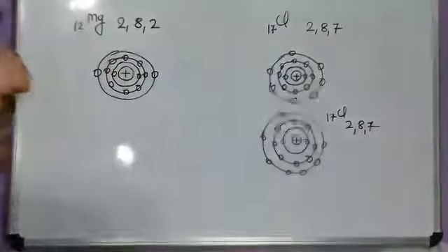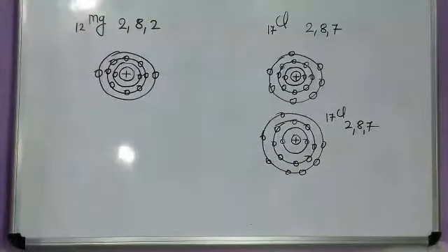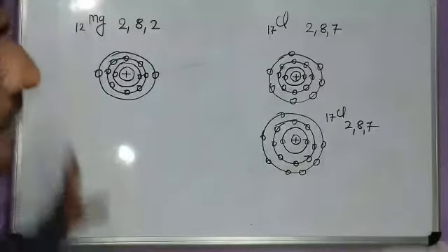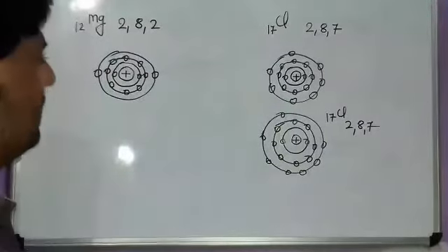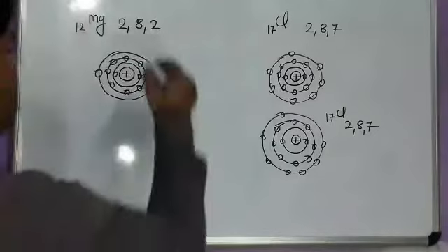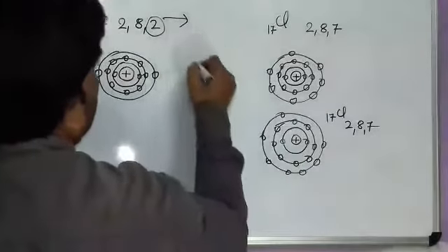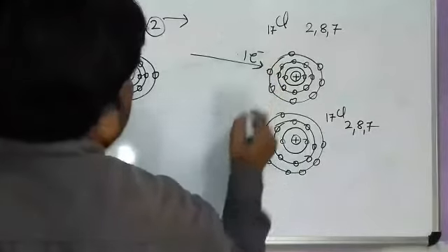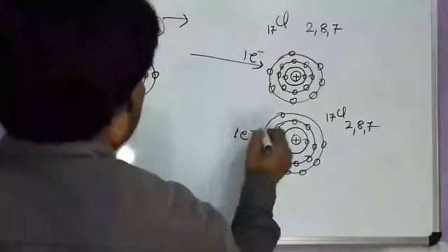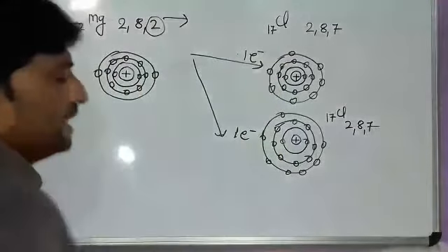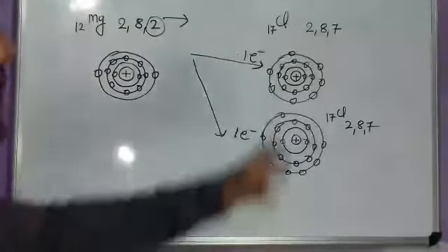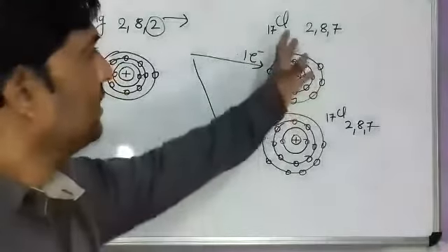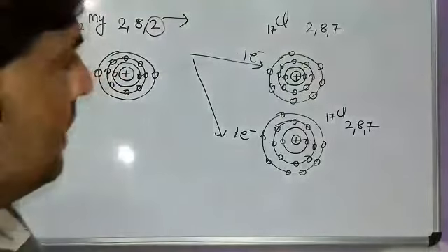This is the previous, normal condition. Then it donates 2 electrons, 1 electron to each chlorine atom.